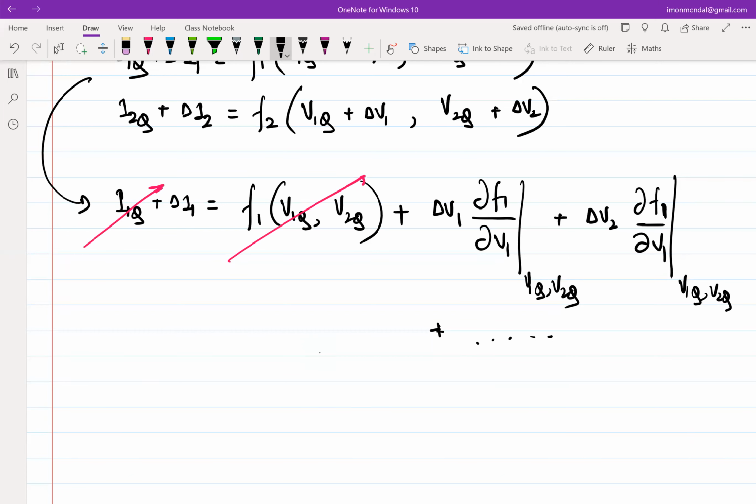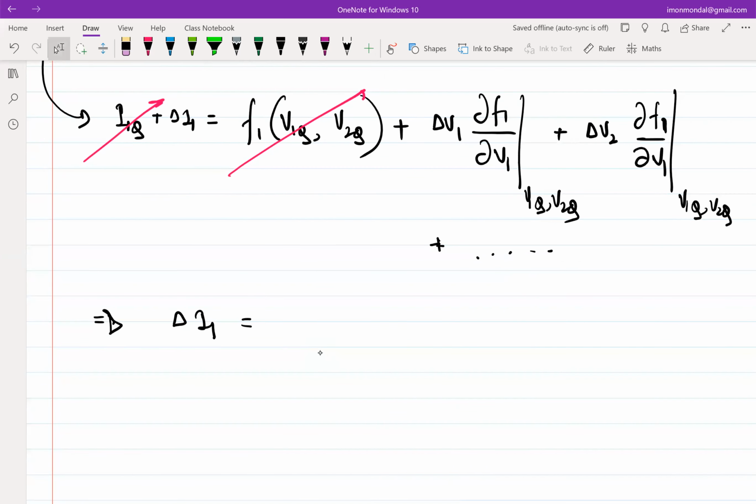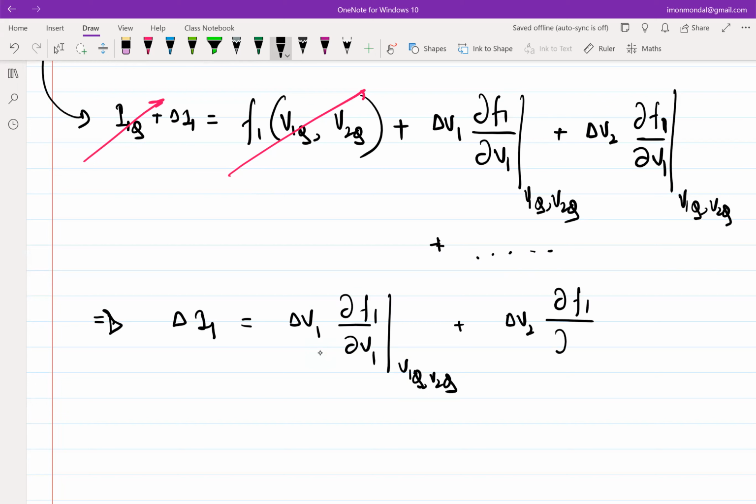But the key thing is I get a linear relationship between the incremental voltages and the incremental current. This will be 2, right?